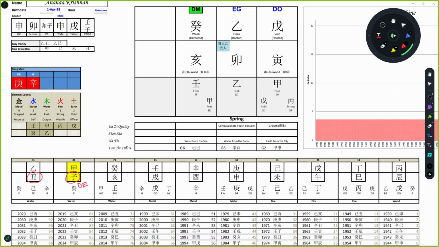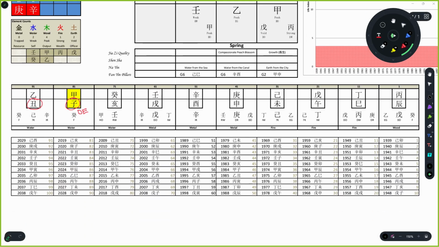So normally, the question of course is, step number 1, identify the death and emptiness. And then number 2, where is it? Is it found on the natal chart? Is it found on the luck pillar?